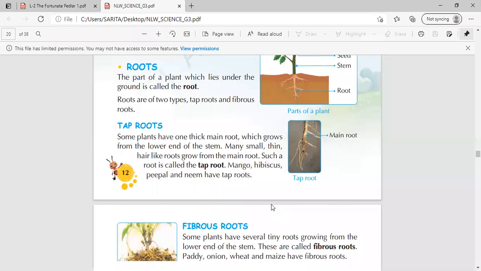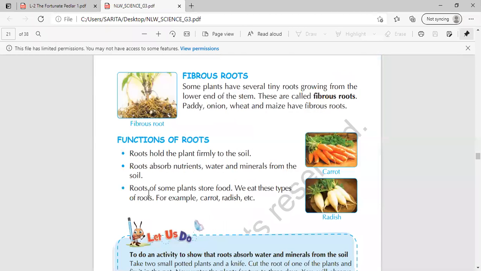Right? Number 3, roots of some plants store food. Some of the roots store food in themselves. We eat these types of roots as our food. For example, carrot, radish, etc.